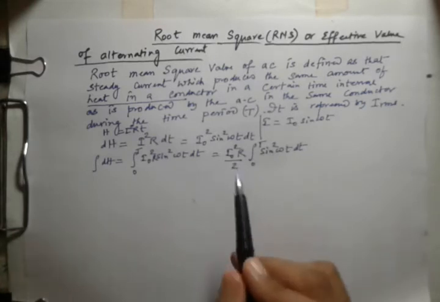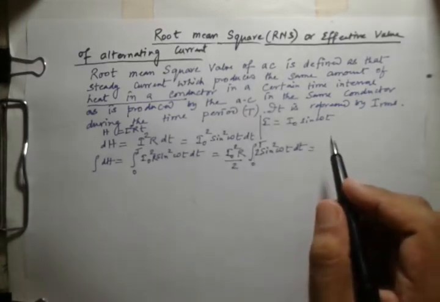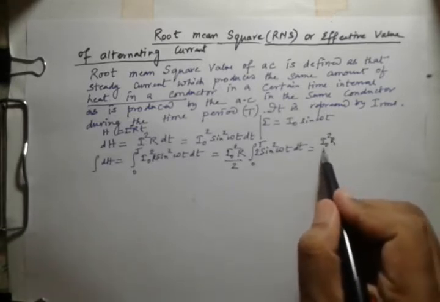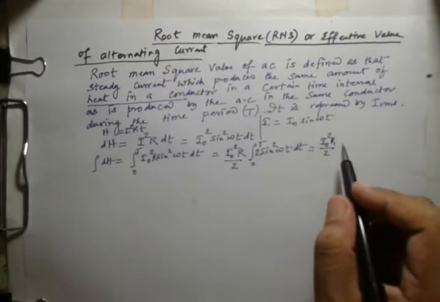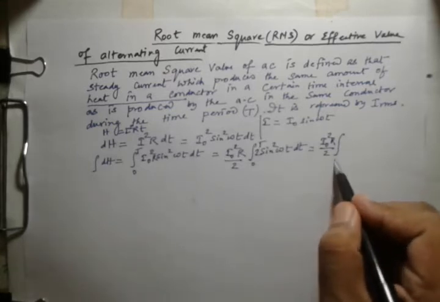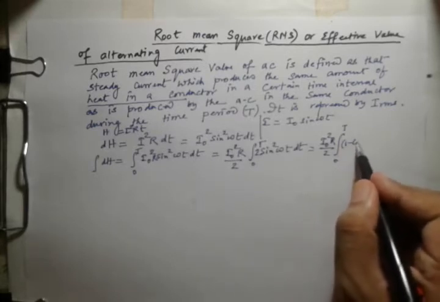You just divide it and multiply, so you can write I naught square R by 2, integration 0 to T, minus.